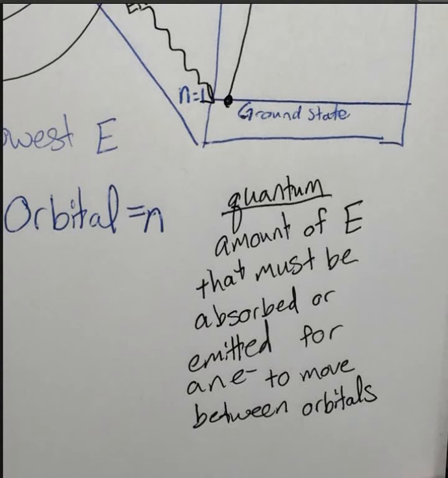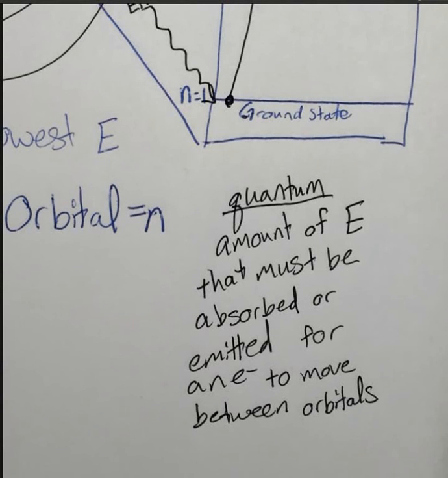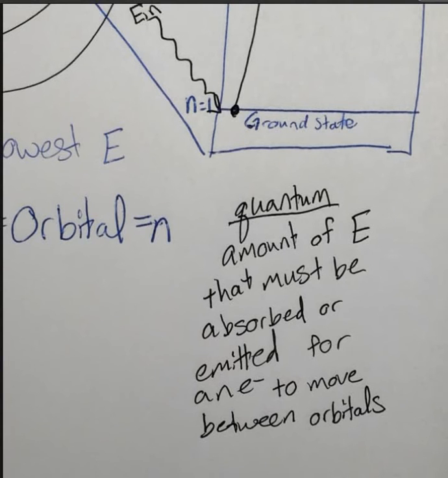That's what a quantum is. So if I give an electron a quantum, it will go up exactly that energy level. If I give it a different quantum, it'll go up a different energy level. That's all a quantum is. When I say a quantum, I'm saying a specific amount in between two different energy levels.